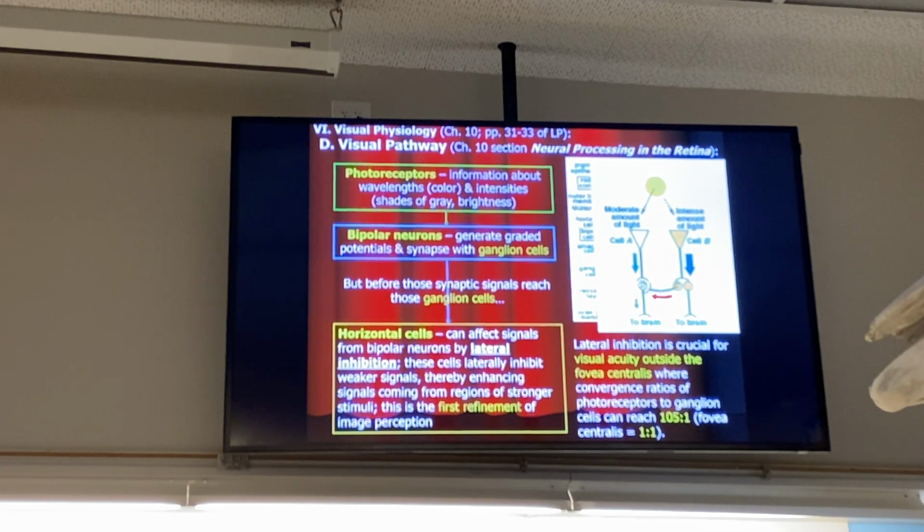Only the central nervous system does lateral inhibition. What is in the CNS? Your brain. Brain and spinal cord. Does your retina look like brain and spinal cord? And this is why neurologists consider the retina to be part of the brain. Because it does lateral inhibition with horizontal cells, it must be CNS.